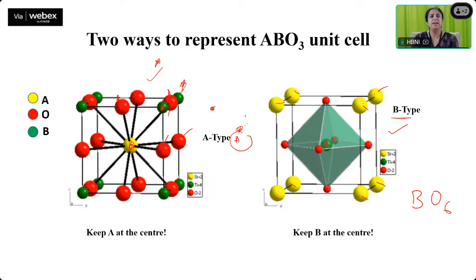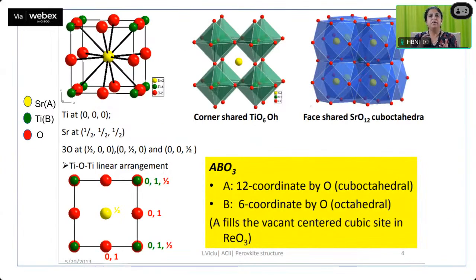So what I'm looking at is face sharing AO12 cuboctahedra. So when I want to represent it in terms of B polyhedra, it is corner sharing BO6 octahedra. When I want to represent it in terms of A polyhedra, it is a face sharing AO12 cuboctahedra.